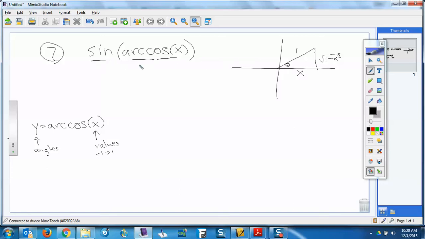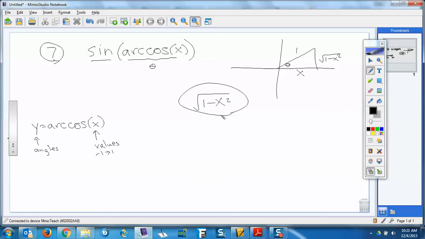Then we want the sine of that angle theta, which is opposite over hypotenuse. So the answer there would be the square root of 1 minus x squared.